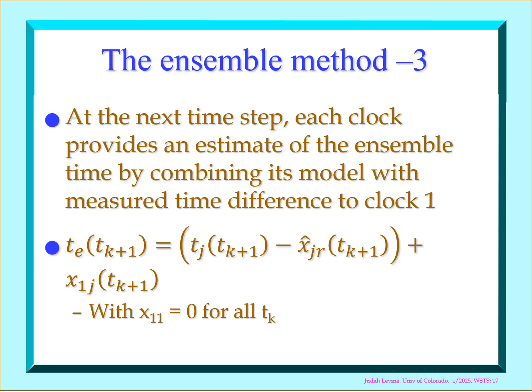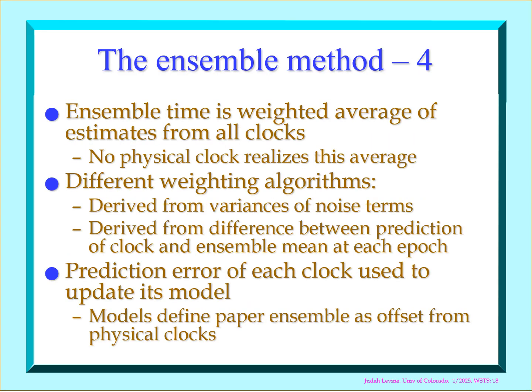So that's the intent. Okay, so the ensemble time is the weighted average of the estimate of all the clocks, and of course no physical clock realizes this average, so I wind up with an ensemble time which is a paper clock. If I need a physical tick, I have to take that ensemble time and apply it to some physical clock.